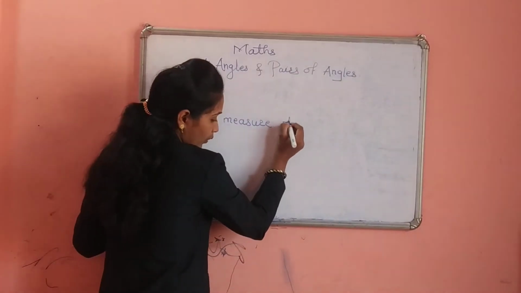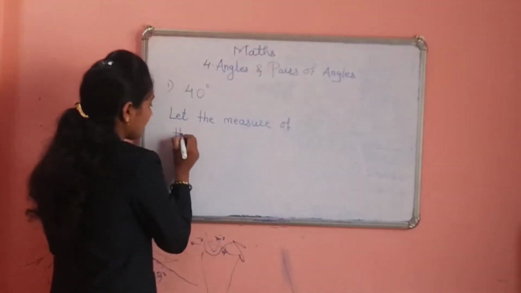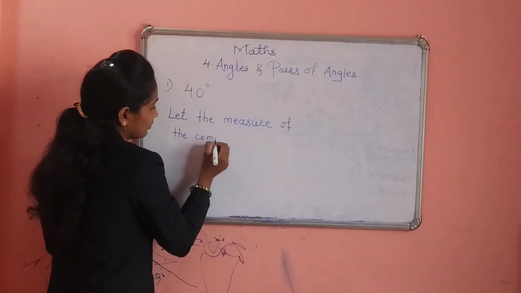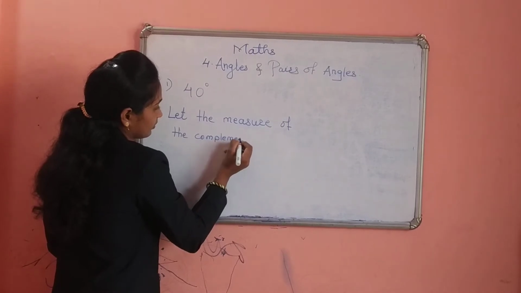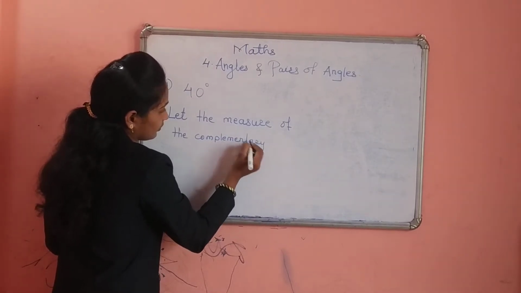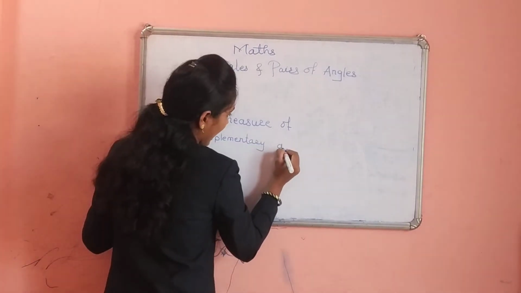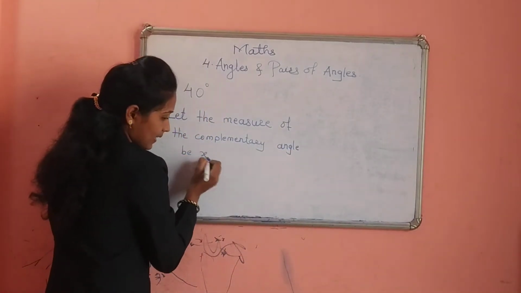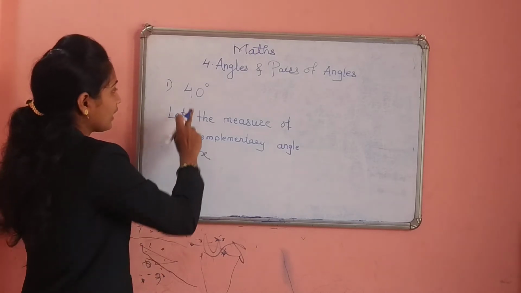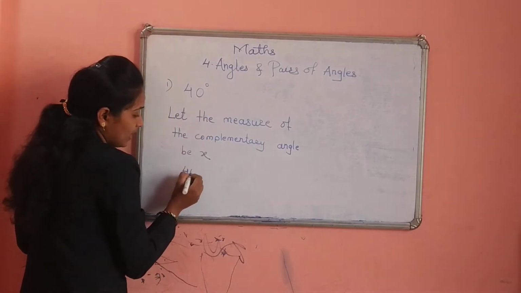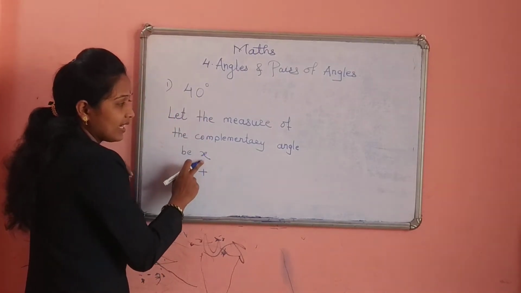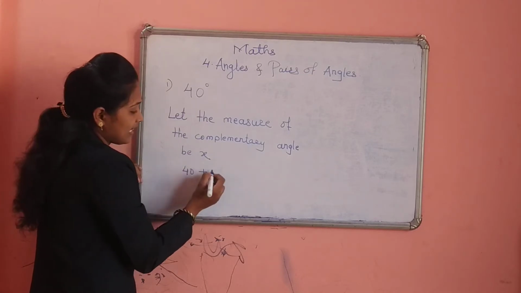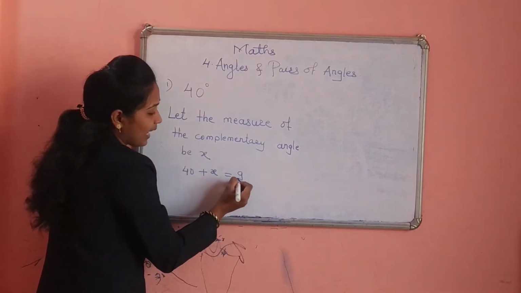Let the measure of the complementary angle be x. Okay. So we know that our 40 degree plus we can consider next angle measurement is x degree is equal to 90.